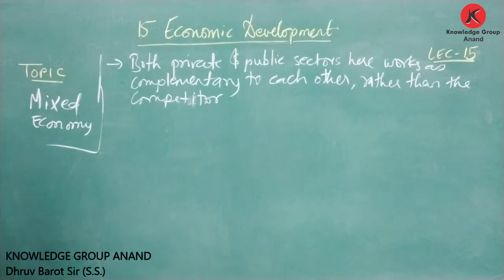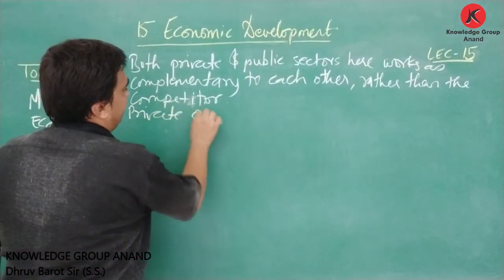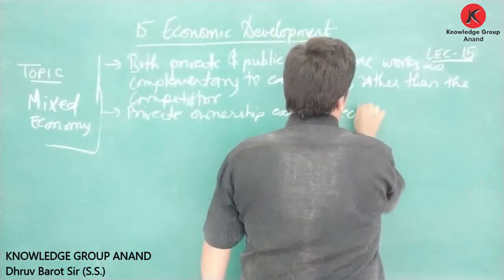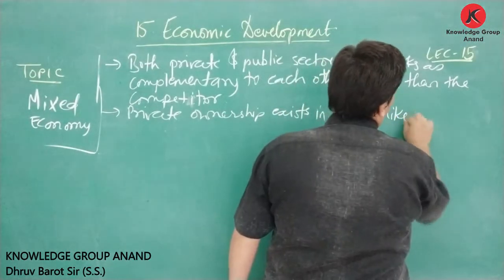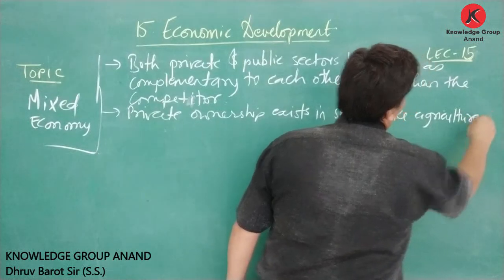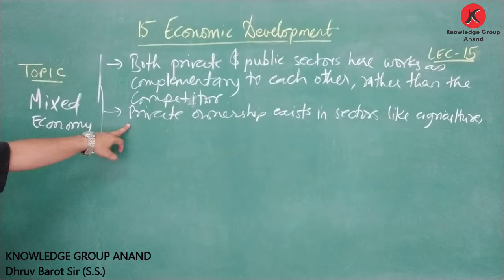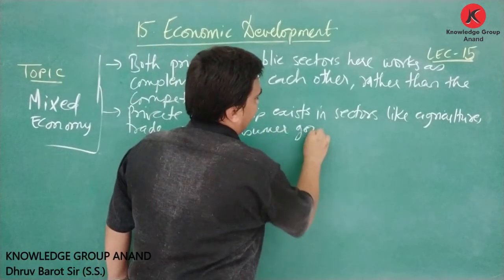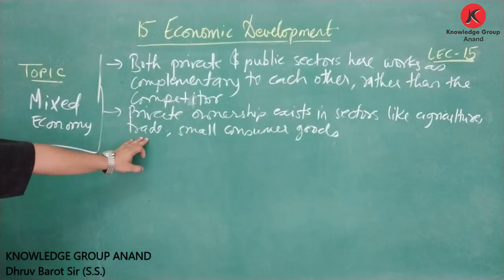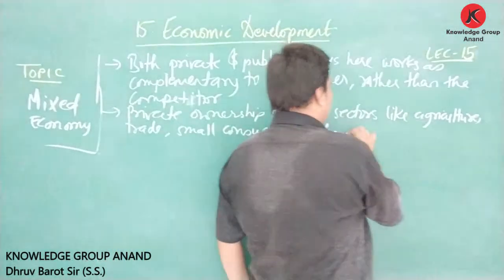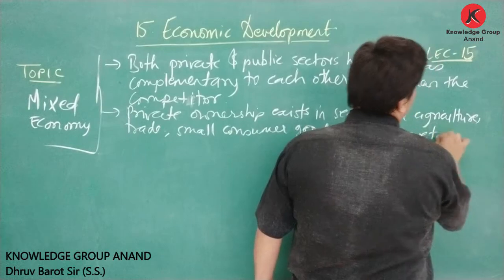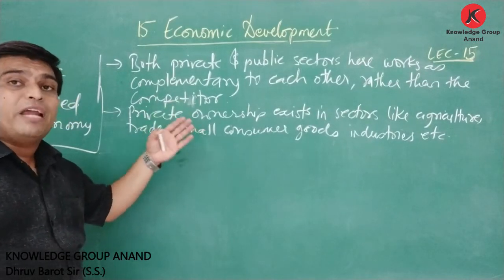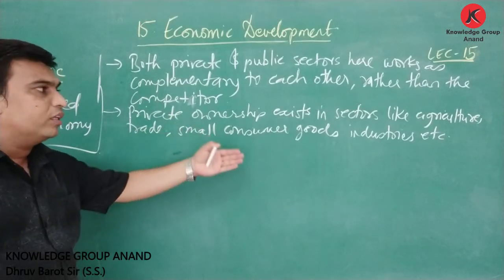Here it is said that private ownership exists in sectors like agriculture, trade, small consumer goods, industries, etc. So friends, in mixed economy, the private ownership is seen in the sectors like agriculture, trade, small consumer goods, industries.